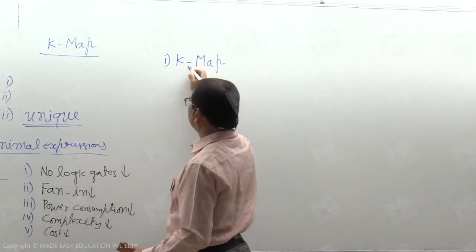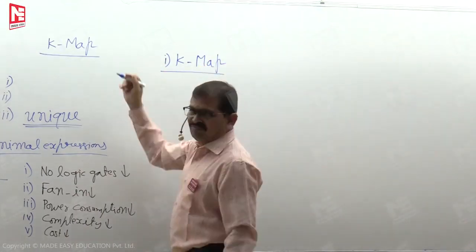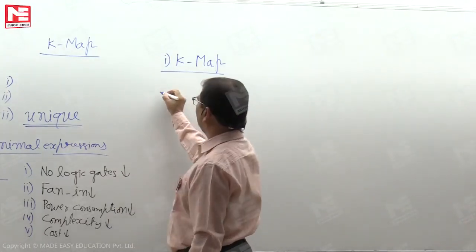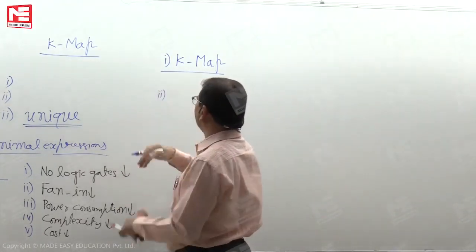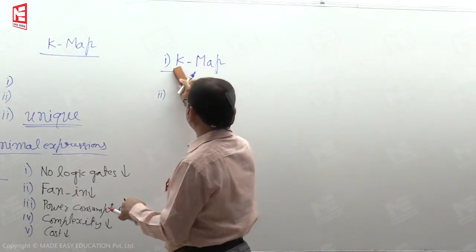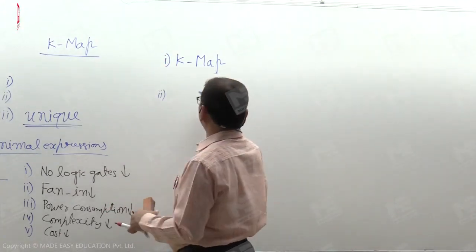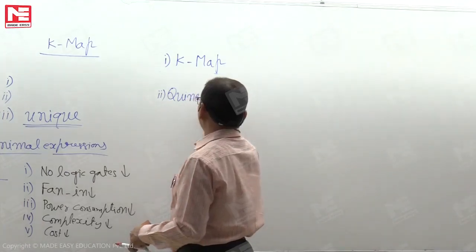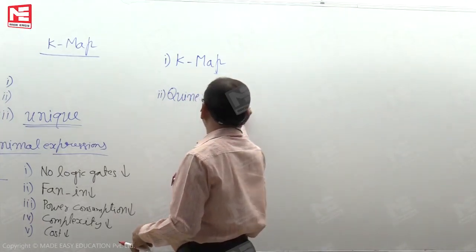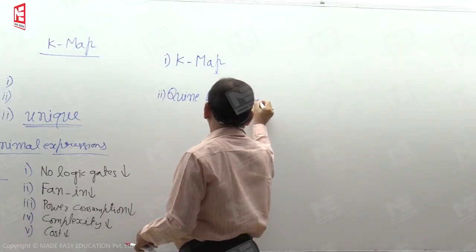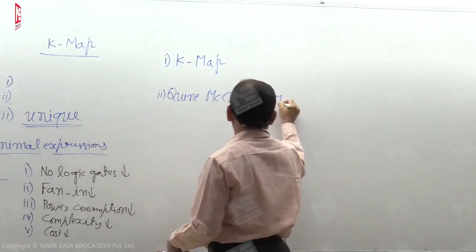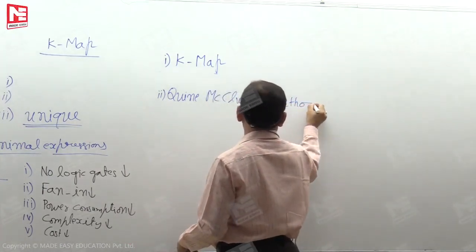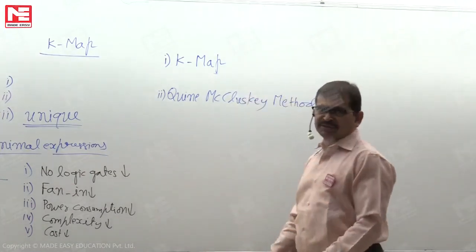One procedure is the K-map procedure, and the other one is the Quine-McCluskey method. These are the two systematic procedures for reading the minimal expressions.